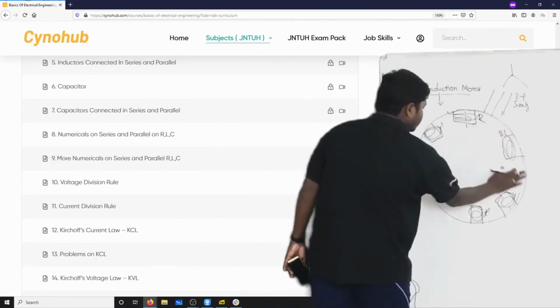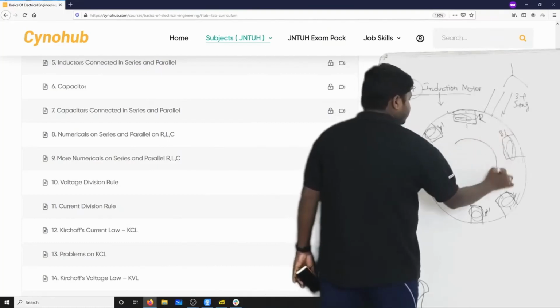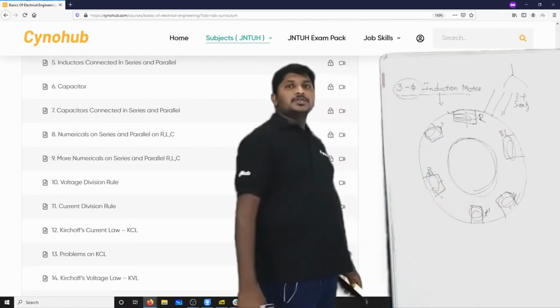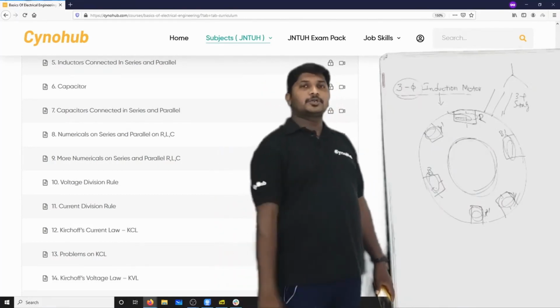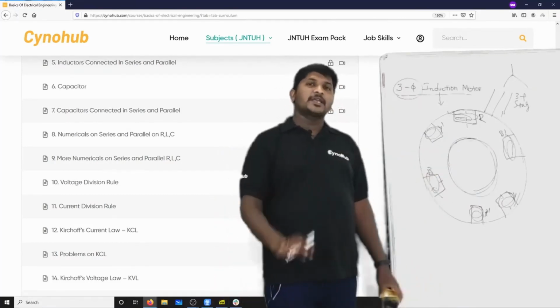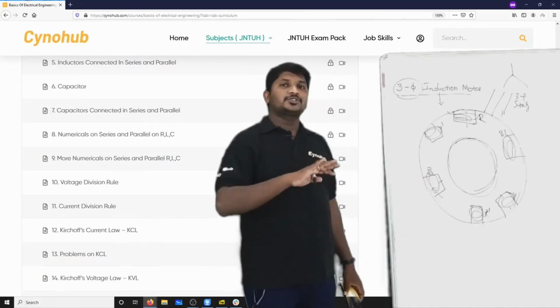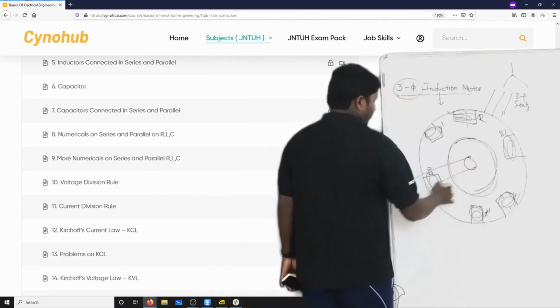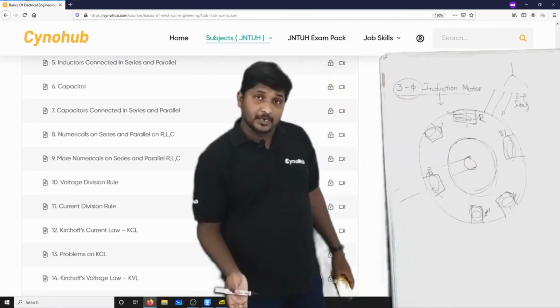Next, there is a rotor. We have two types of rotors, the squirrel cage rotor and the slip ring rotor. Here I am considering a squirrel cage rotor, that is, the rotor is short circuited, and a shaft. So, what is the motor principle?